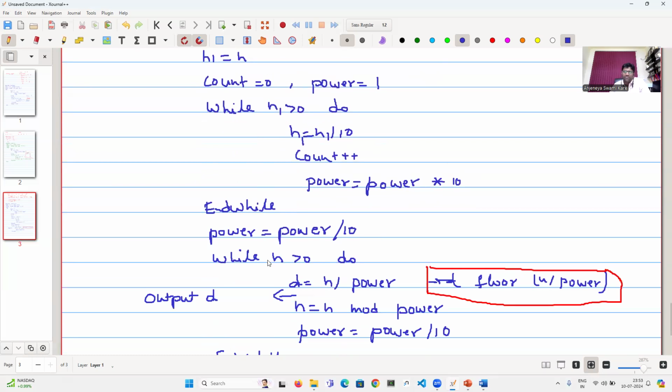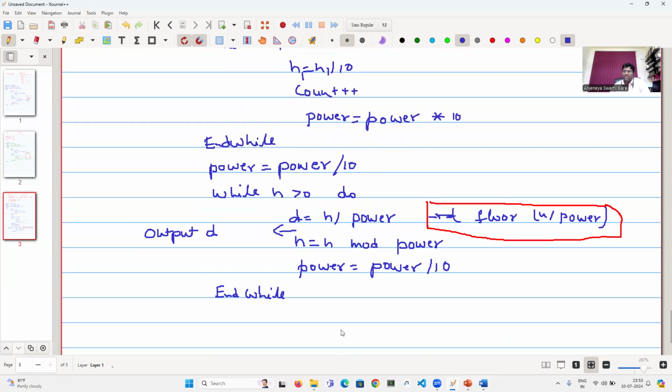While n greater than 0, do. We try to extract the left digit. How do you extract the left digit? d equal to n by power. n by power will give the leftmost digit. And then output the digit. And then how do you get the number discarding the leftmost digit? n equal to n mod power. Then for the next iteration, power should reduce from 10 to the d minus 1 to 10 to the d minus 2.